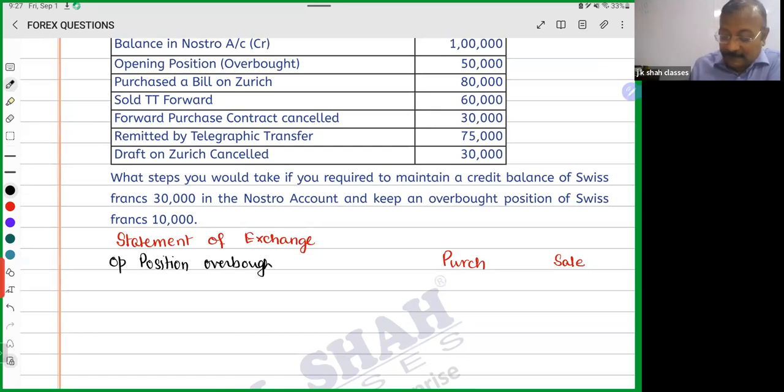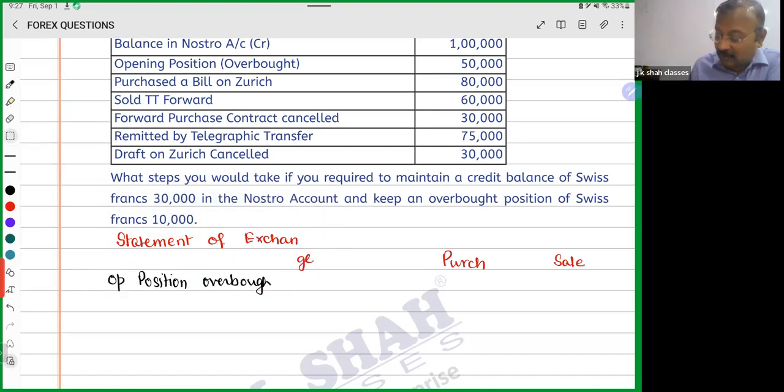Sorry, opening position overbought. How much? 1 lakh, right? Opening position overbought, and overbought means it will appear on the purchase column. Any 50.